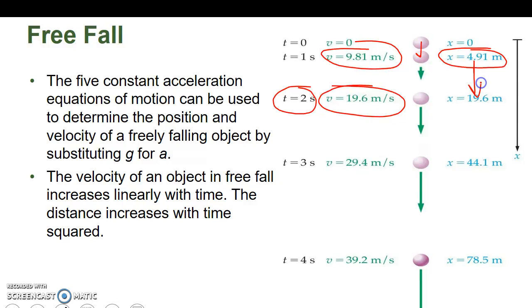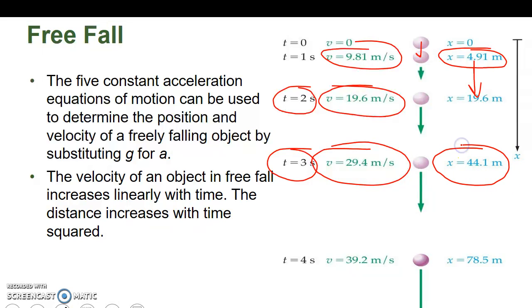But look at our distance. It's now 19.6 meters. After 3 seconds, we see another 9.81, but our distance now is at 44 meters. You can see this distance start to change exponentially. So distance changes exponentially, but our velocity changes by 9.81 every time.